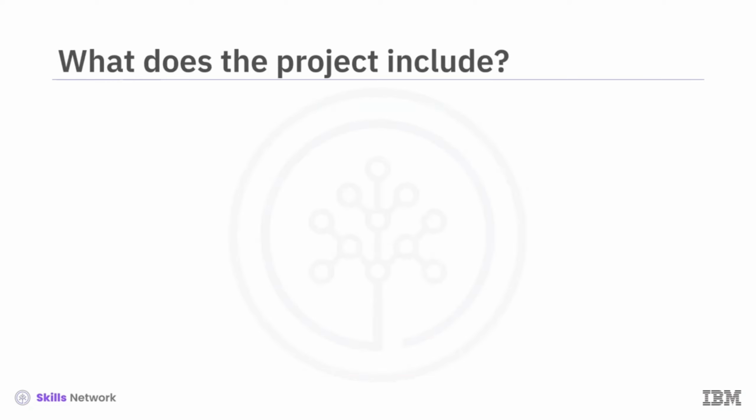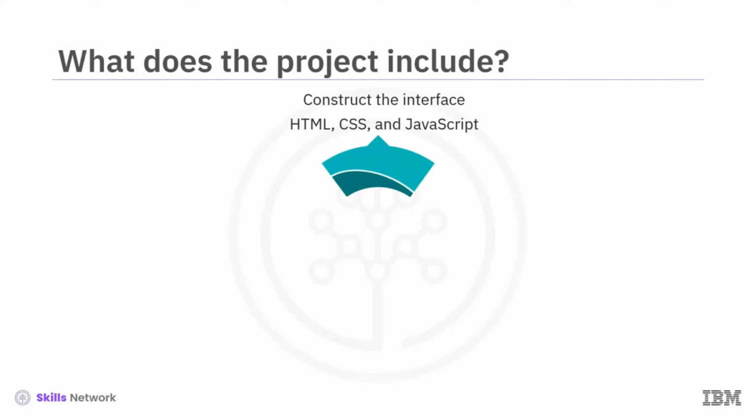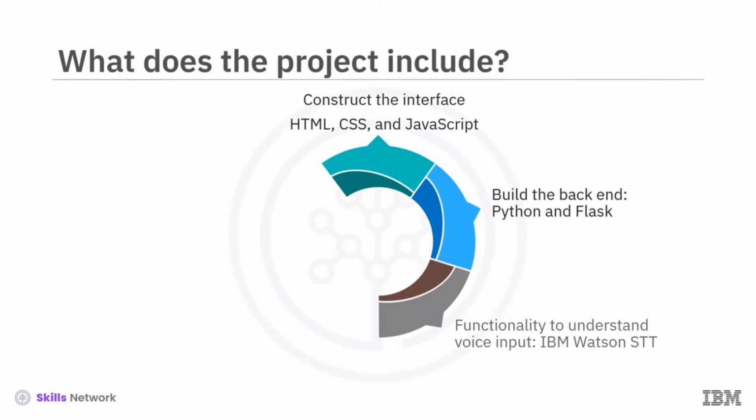To build the voice assistant, you will construct the interface using HTML, CSS, and JavaScript that communicates with the assistant. For building the backend, you will use Python and Flask. Flask is a web framework for building web applications. In the project, Flask is supported by Docker to create containers that manage the dependencies. This is followed by integrating IBM Watson speech-to-text functionality to enable the chatbot to understand voice input from a user.